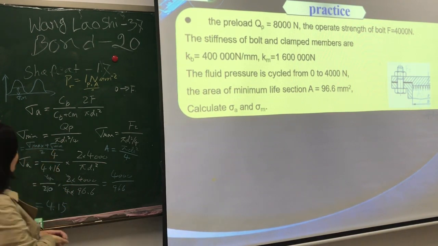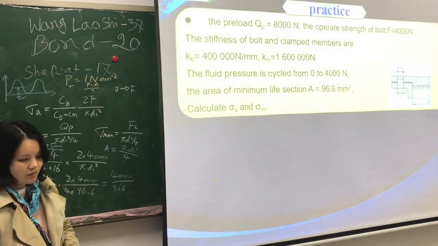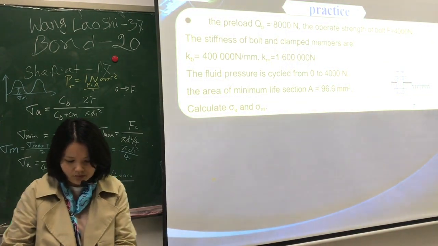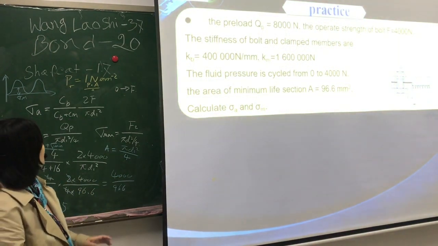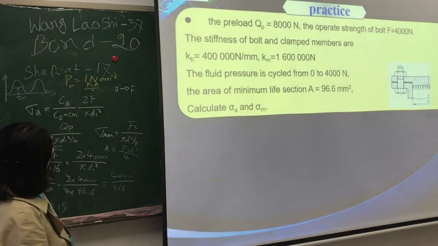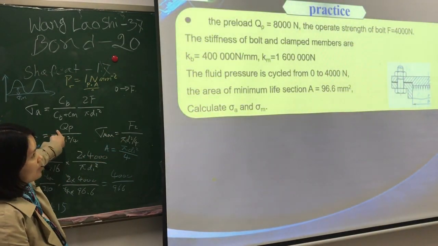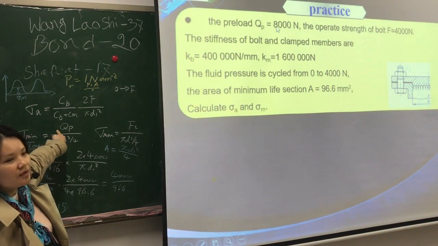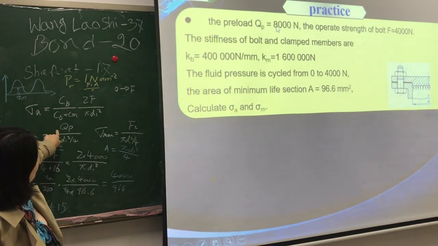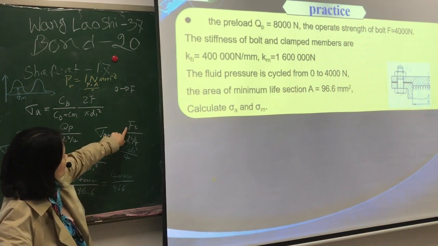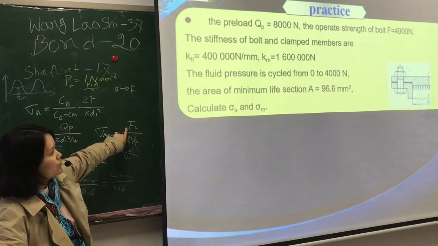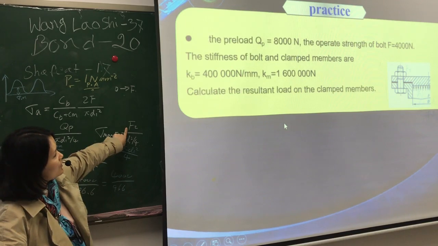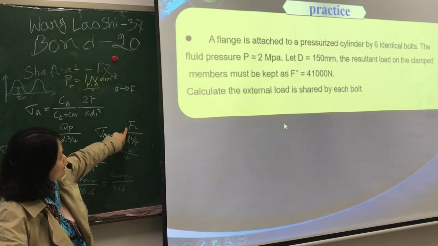Okay, and we know the QP, right? QP is 8,000, but we don't know F2. But we calculated F2 before.